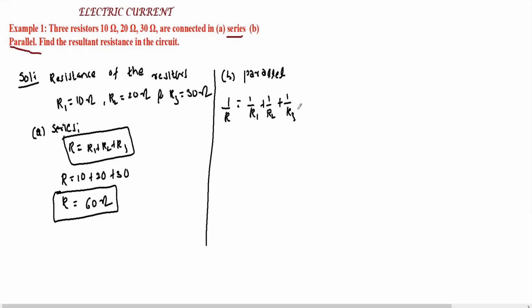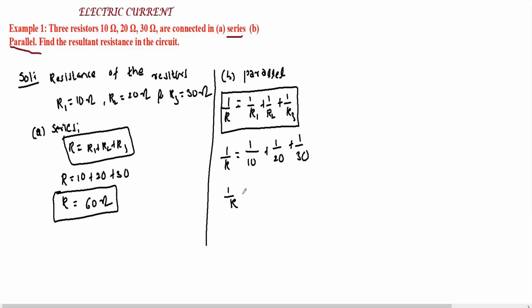This is the formula we have. So 1 by R equals, what are the values given? 1 by R1 means 10 plus 1 by R2 means 20 plus 1 by R3 means 30.